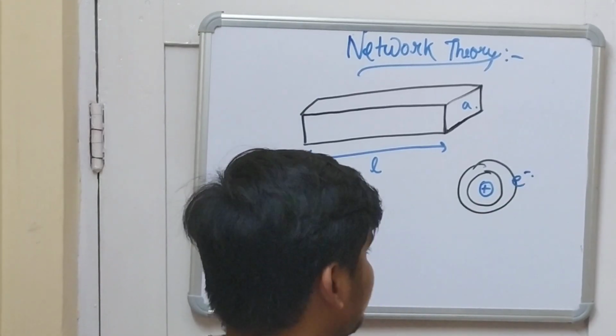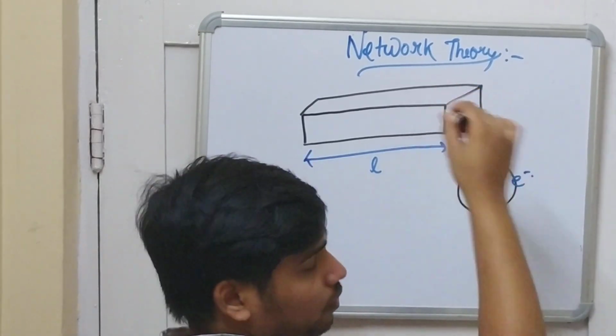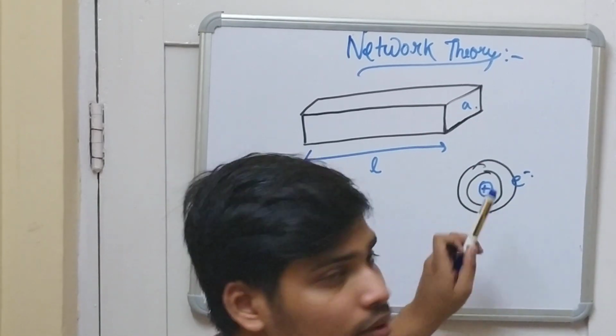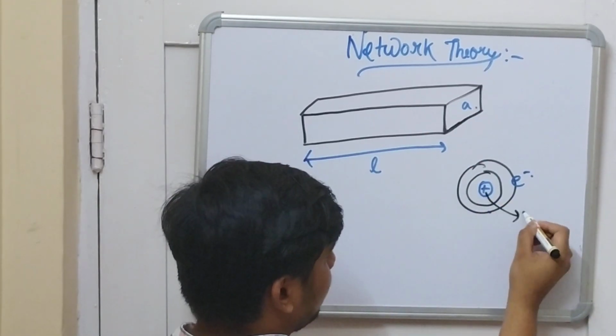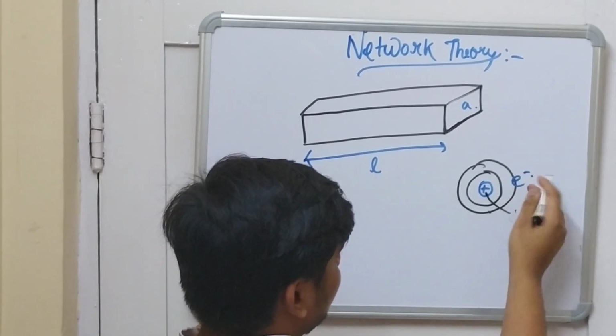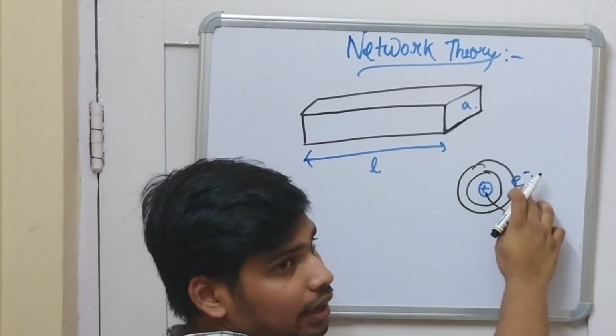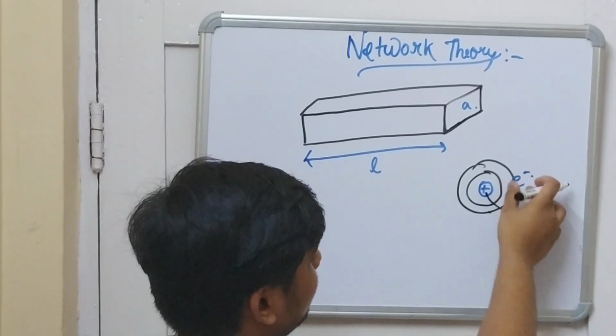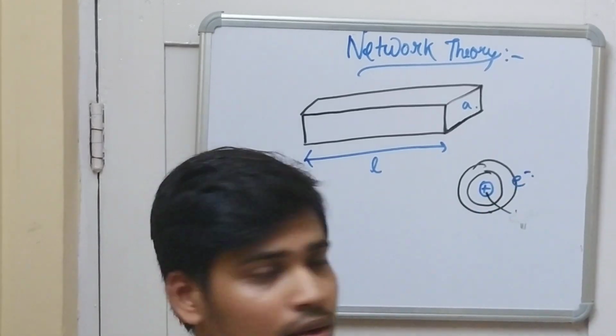Okay, there is an atom inside this iron rod. This is a nucleus, this is the valence electron, and this valence electron is loosely connected to the nucleus.